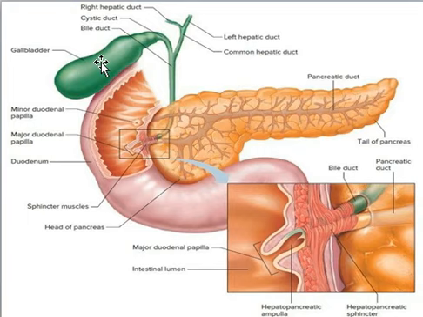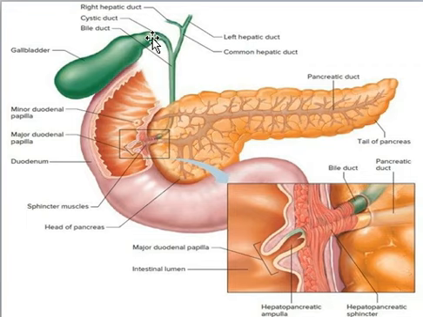The largest part is the body, and here we have the neck of the gallbladder, which continues with the cystic duct.